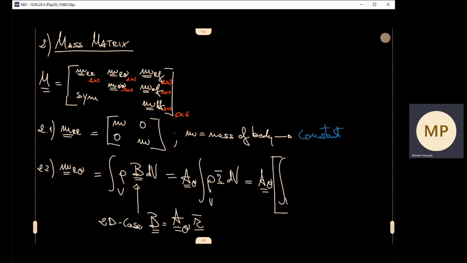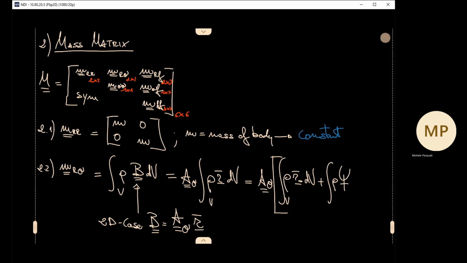So we again separate R0 over bar, the V plus the psi.